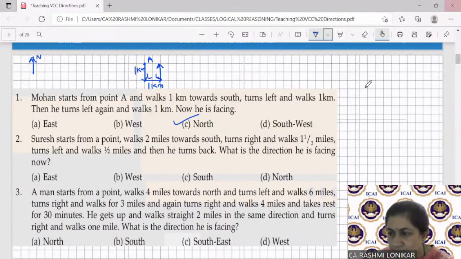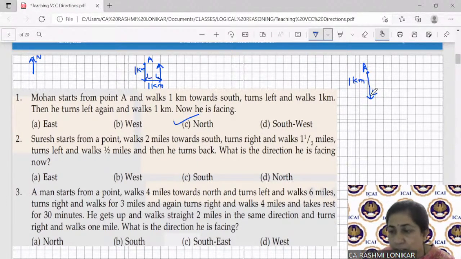I will just repeat it for you. First question, A. Mohan starts from point A and walks 1 kilometer to the south. Once he is moving towards the south, this is his left. So this is 1 kilometer he has moved.